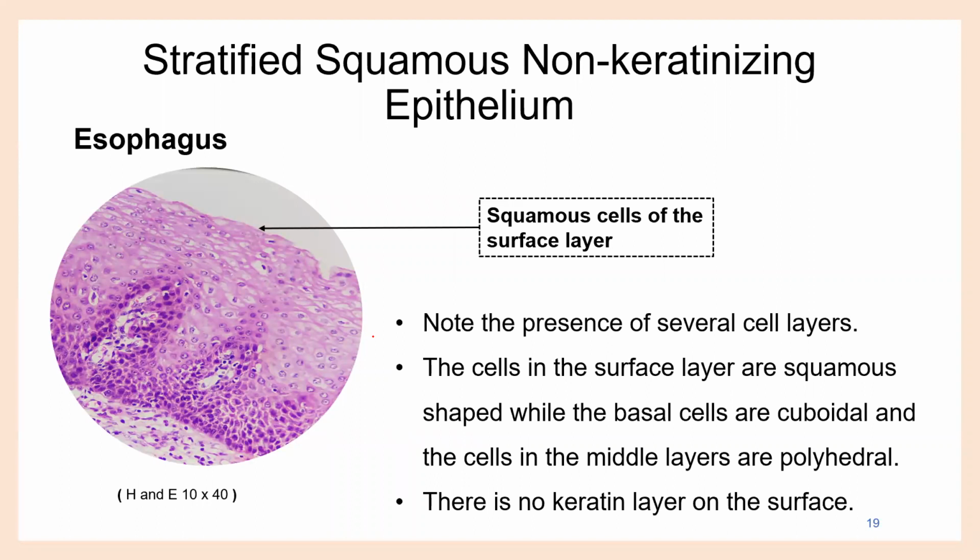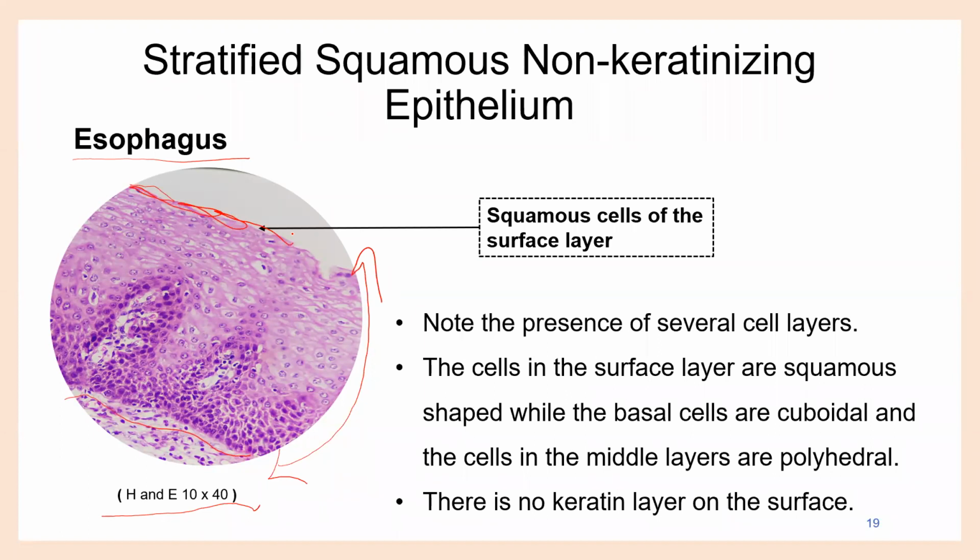Here you see a stratified squamous non-keratinizing epithelium slide. This is a slide from the esophagus. The esophagus and places in the oral cavity are lined by this epithelium. This is again 10 to the power 40 H&E section of the esophagus. You can see several layers of cells. The basal cell layer is cuboidal in shape, lying on the basement membrane, and the top cell layer is squamous shaped.